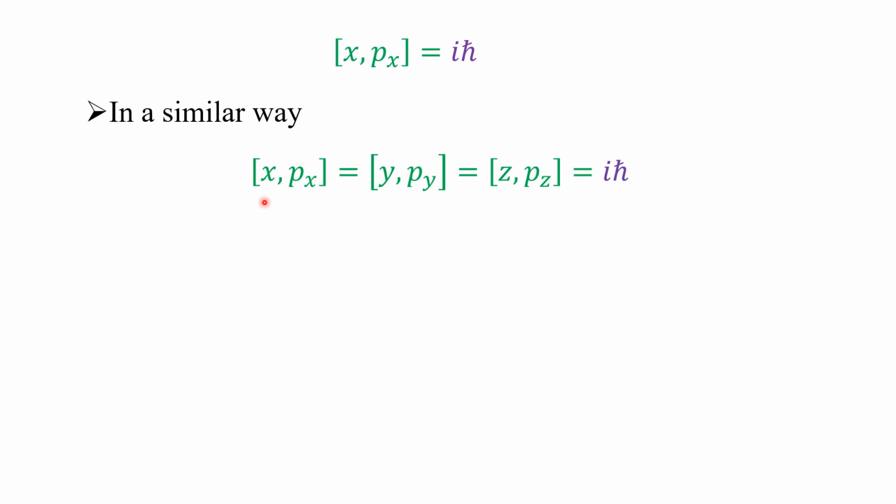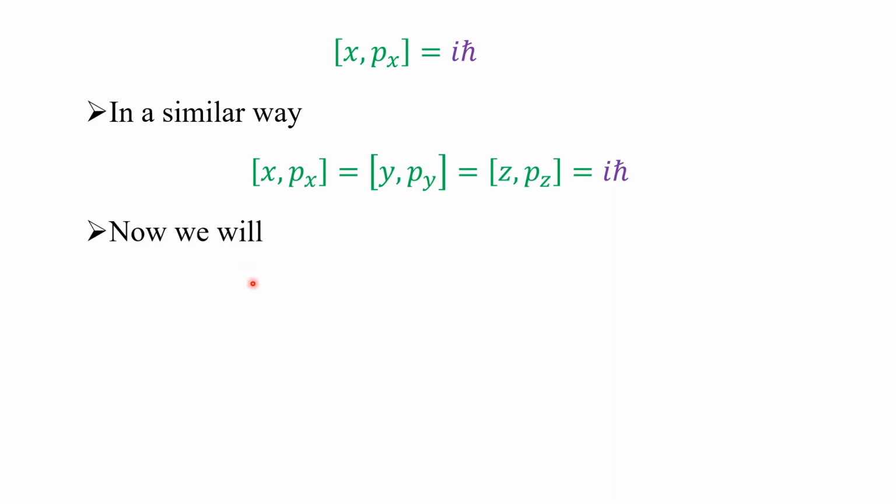That is, the commutation of x component with momentum along x direction, y component with momentum along y direction, z component with momentum along z direction is equal to I h cross. All three commutations become I h cross. Now we will see what will happen for the combined term.